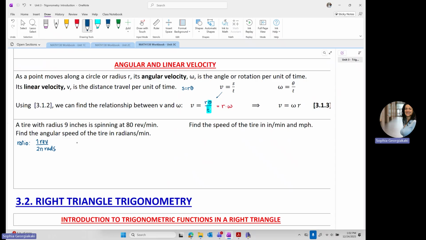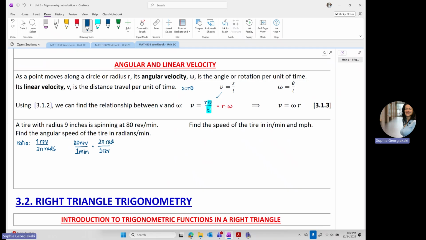We know that we are spinning with 80 revolutions in 1 minute, and I want to convert the revolutions to radians. I'm going to say that one revolution is 2 pi radians.